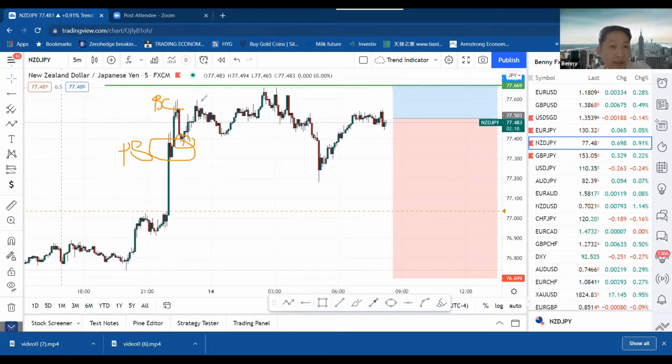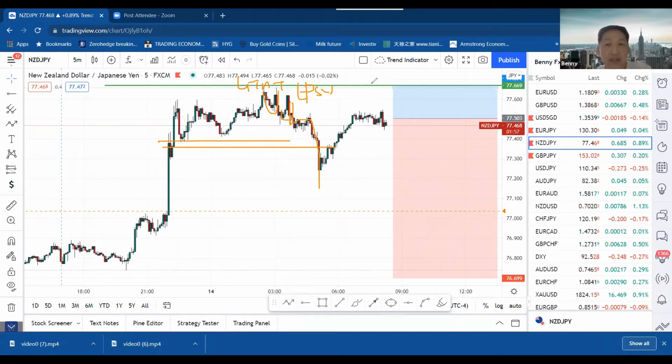We have this test of this high, sign of weakness. Then what we see is we have a UTAD. Then price comes back to test, and then test. This is the last point of supply, and then the price breaks. The price breaks this trading range. Can you see now? So this is a trading range that is already broken by this ERC down.